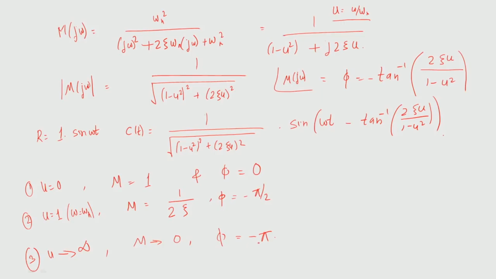Okay. Then we can ask ourselves a question, based on all these 3 values, u equal to 0, u equal to 1, u equal to infinity, when does m have a peak, if at all? So, what is changing here? The frequency is changing.